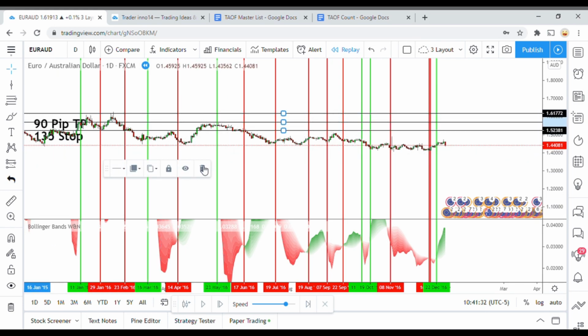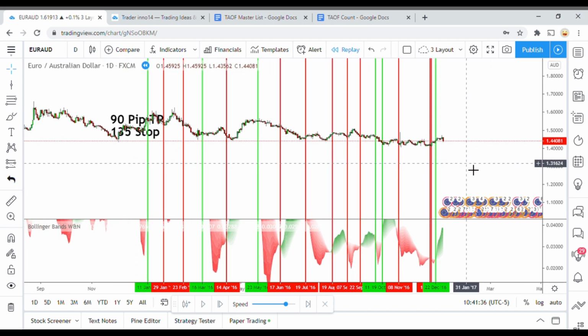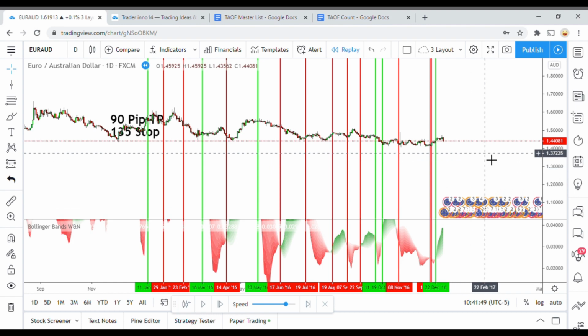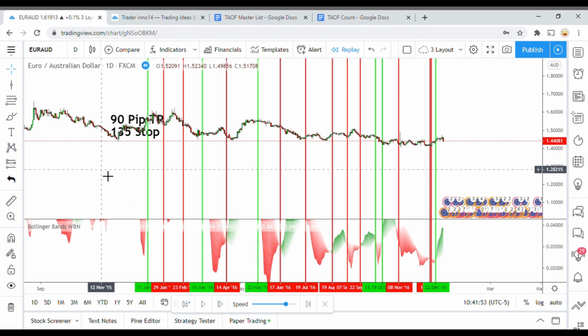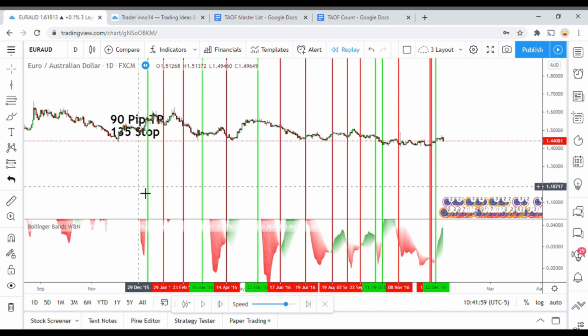Get rid of these support and resistance lines, and let's count them out here and see what we get. So 1, 2, 3, 4, 5, 6, 7, 8, 9, 10, 11, 12, 13, 14, 15, 16, and 17. So 17 trades all together, and we have 1, 2, 3, 4, 5, and 6 winners.